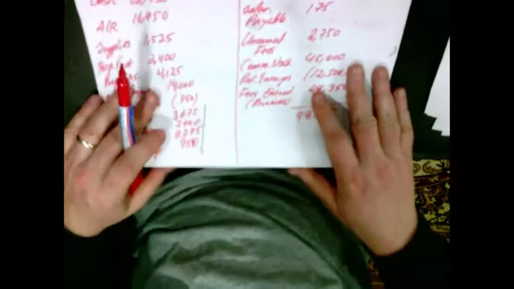So we can take our adjusted trial balance and simply rewrite it as a balance sheet, which is what I'm going to do next. Everything pretty much stays the same, except our revenue and expense accounts go away and the balance goes to retained earnings.